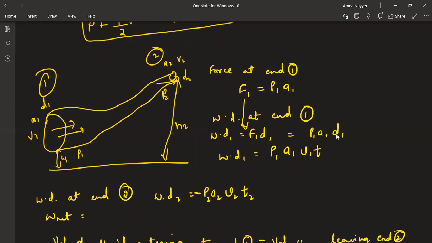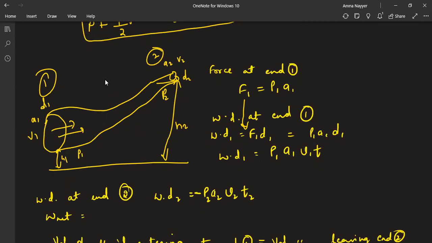Distance we are also writing as speed into time, V1 into T. So the complete work done will become P1 A1 V1 into T.